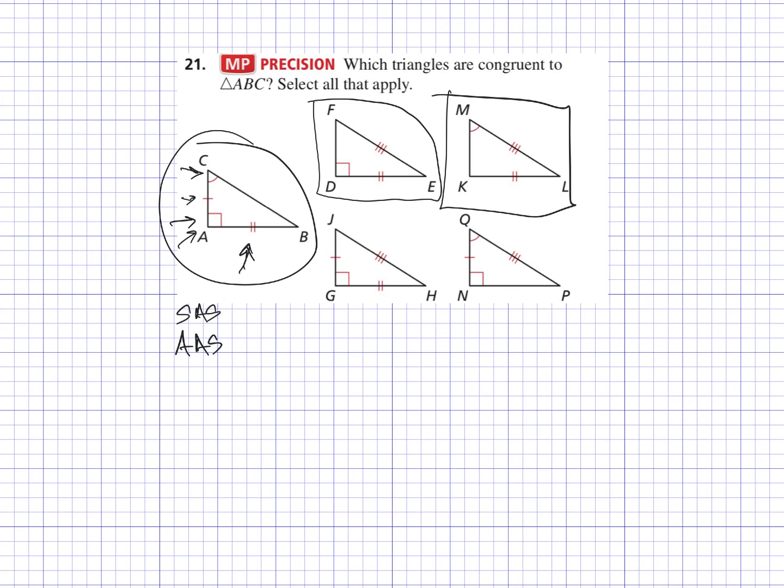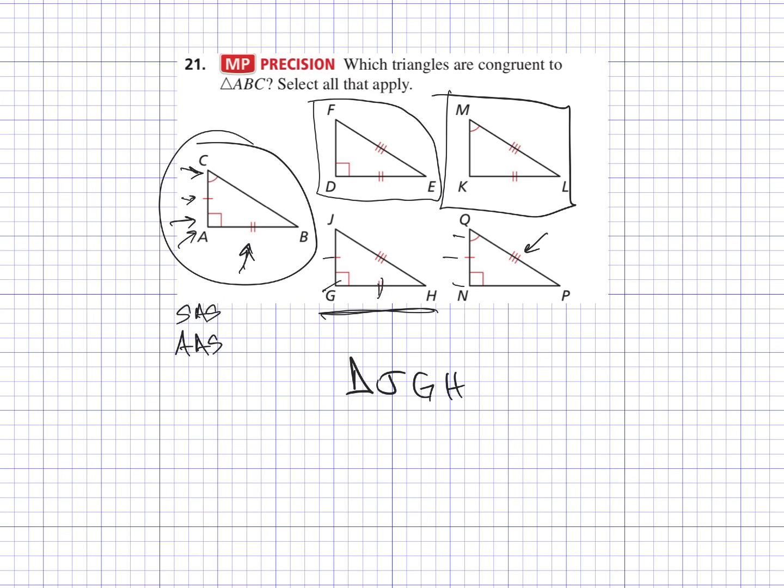And then on JGH, you have side, angle, and side. So that one would work. So triangle JGH matches. And Q, we have angle, side, angle, but that's not part of what we have on ABC.